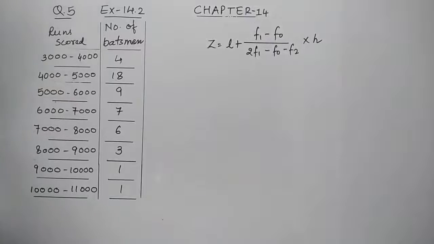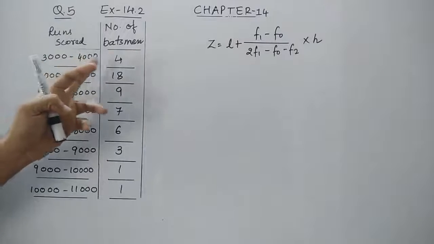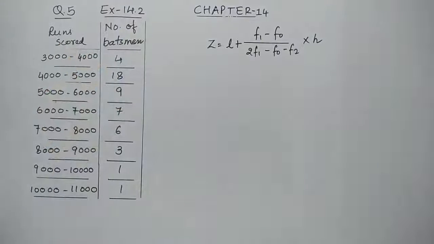See one more question. Here in the fifth question, it is given that the distribution shows the number of runs scored by some top batsmen of the world in one-day international cricket matches. Runs scored between 3000 and 4000, there are 4 batsmen, and so on. We have to find out the mode of the given data.